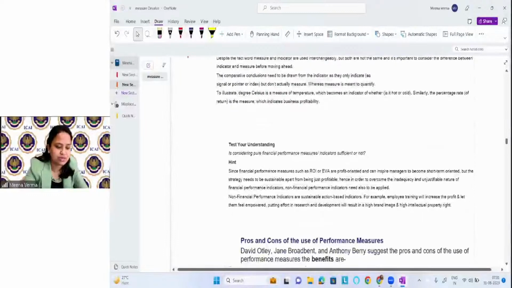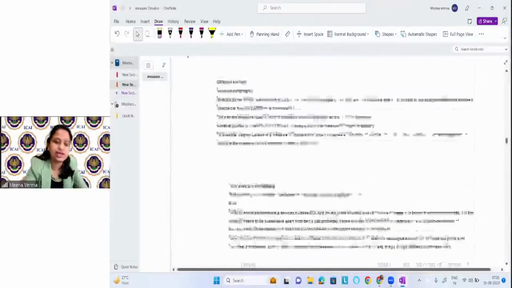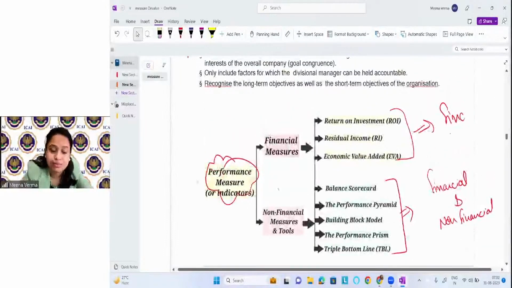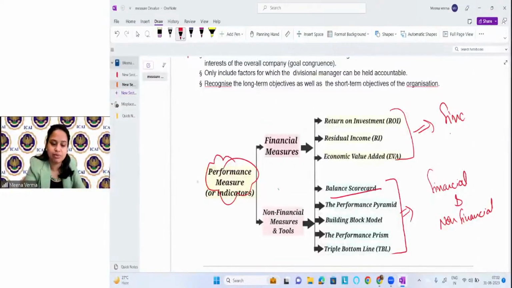Now the question comes here. In the last session, we learned about the balanced scorecard, and how with its help we can measure the performance of the organization: through analyzing the customer, the internal business process, learning and growth, and the financial factor.